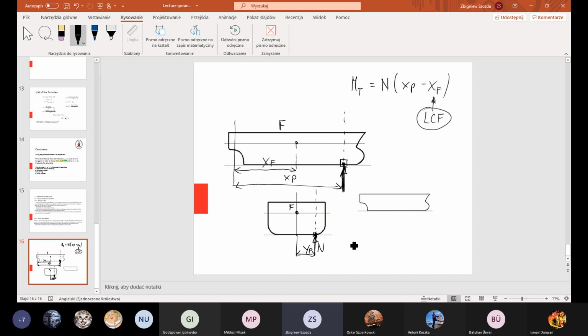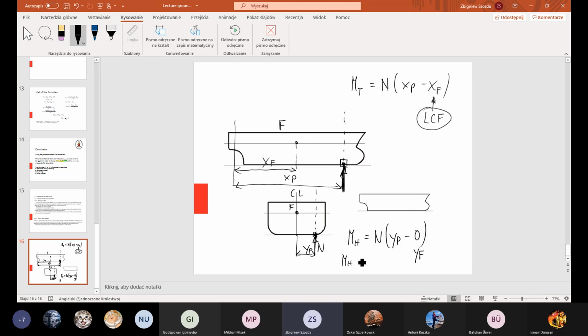So what moment acts in transverse direction? The force multiplied by the distance between point of action and center of flotation. I put here YF as equal to 0 because I did assume that the shape of our hull is symmetrical. If symmetrical, the center of the water line in transverse section is placed on central line, so the distance between F and central line is equal to 0.